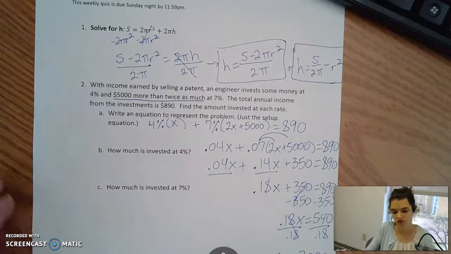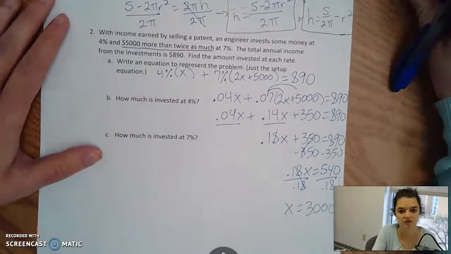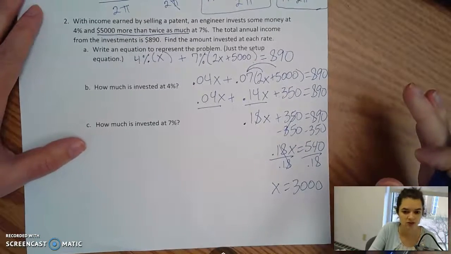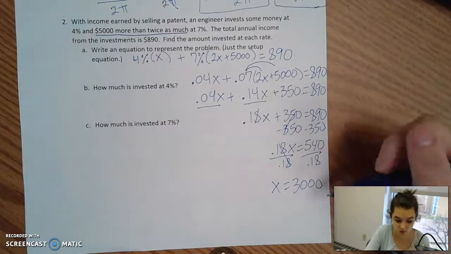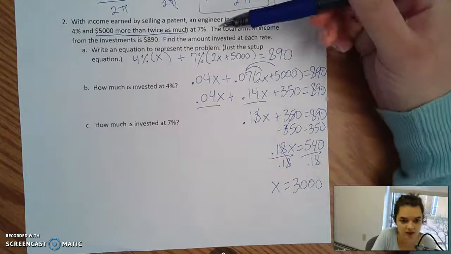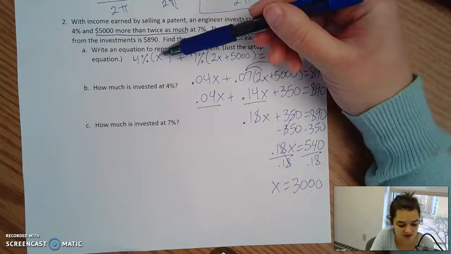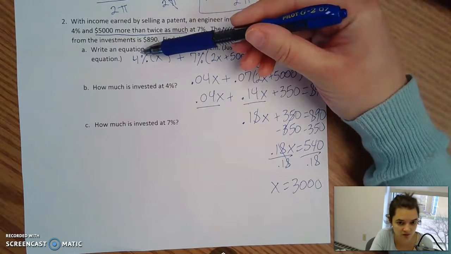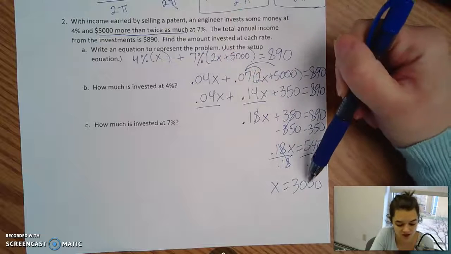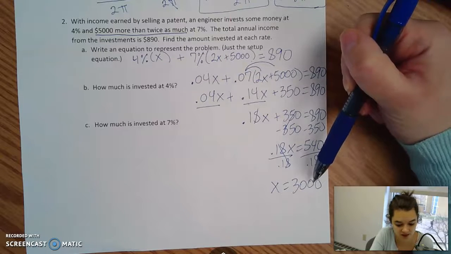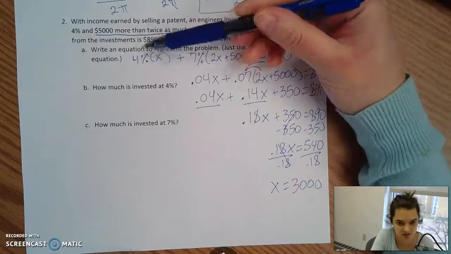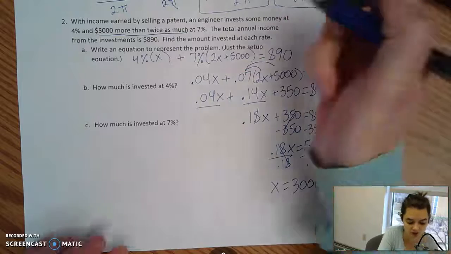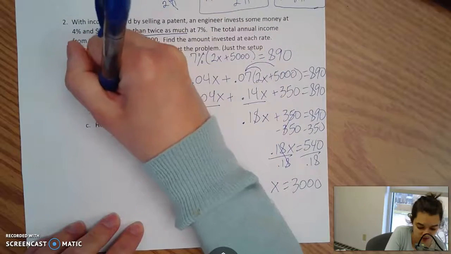Now, of course, with word problems, you always have the problem of, what did I just find? So we just found x, so what is x? Well, if you look back at our original equation, x is the amount that went with 4%. So when I have x equals 3,000, what I know is that $3,000 is invested at the 4% interest rate. So that's actually the first answer here.